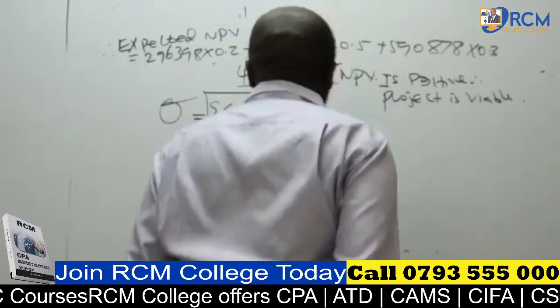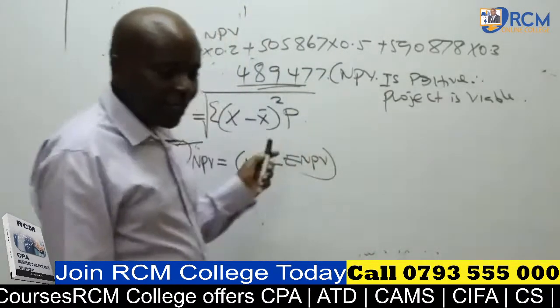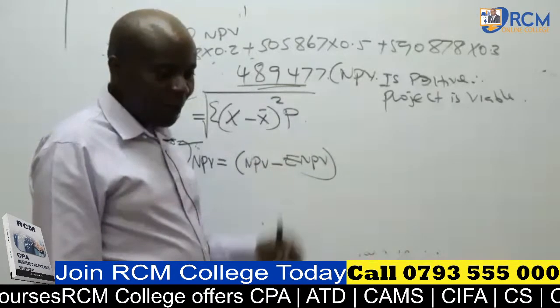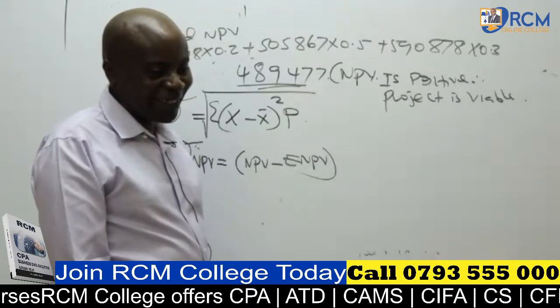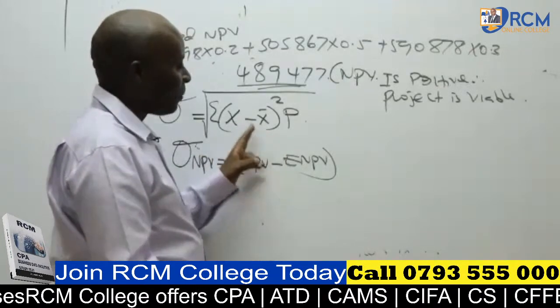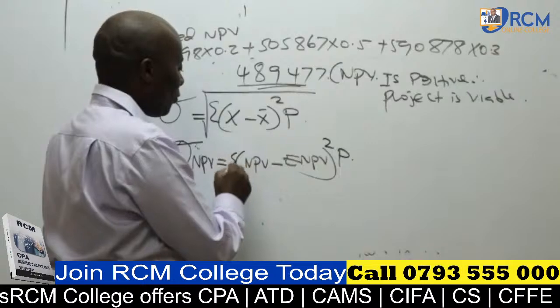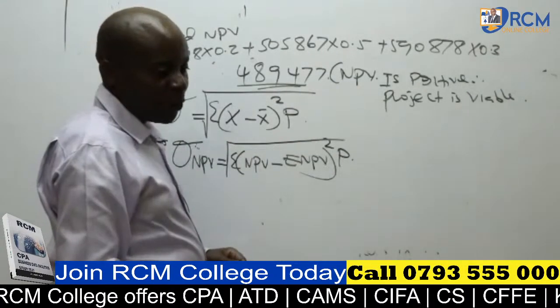So you see X bar is the same as expected net present value, the average. And then we square, times probability. And then of course there is summation there. Then you put a square root on top.